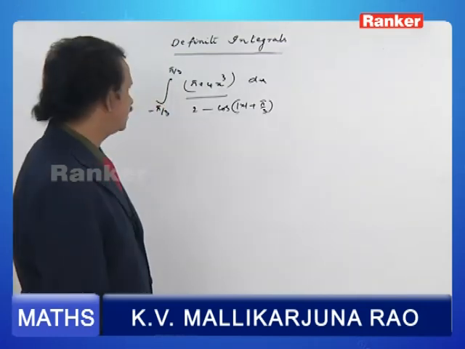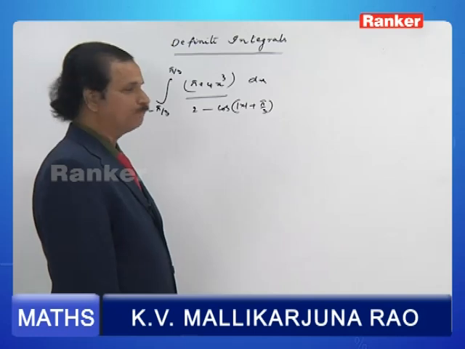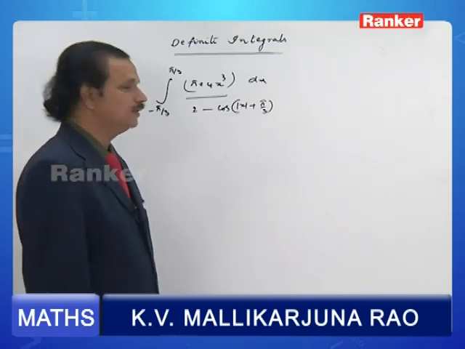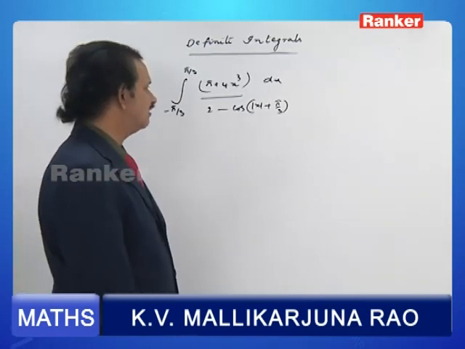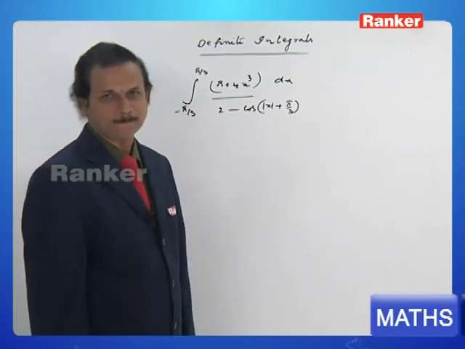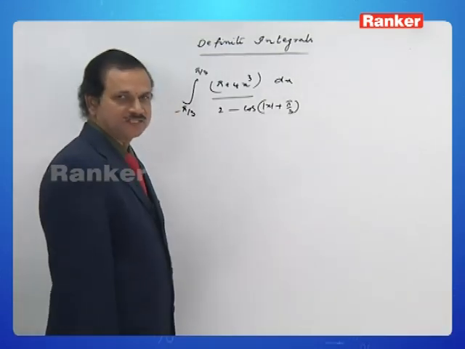Integral from minus pi by 3 to pi by 3, (pi plus 4x cube) dx by (2 minus cos of mod x plus pi by 3). This is the given problem.